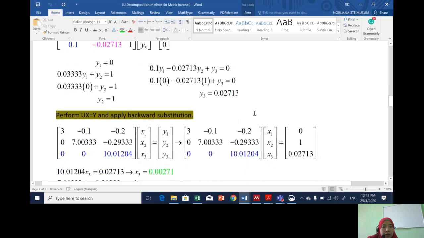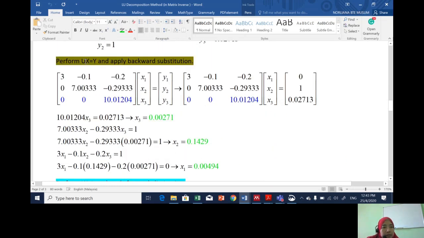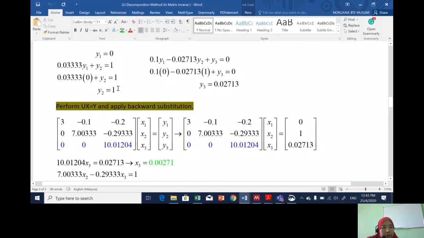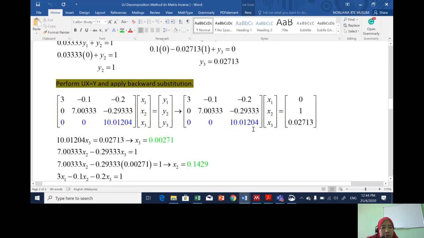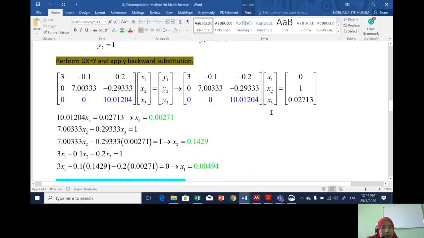After that, Ux equal to y. So y is the one that we calculated previously, y1, y2, y3. And then we solve by looking at the third row, based on backward substitution. From the third row, we write the equation that is equal to this one. Then solve for unknown x3. After that, we write down the equation for row number 2.